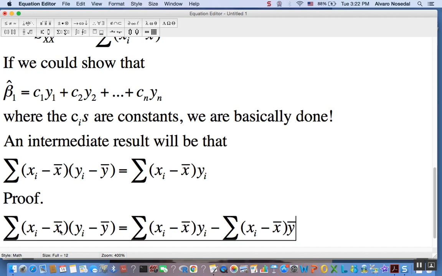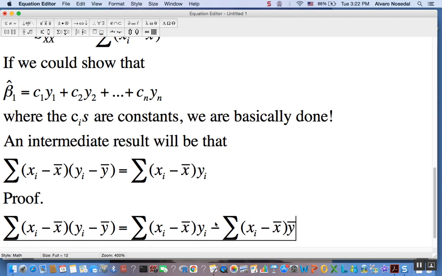You guys agree that's the same? Note that the first term is what we want, right?